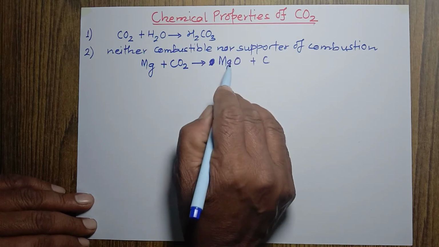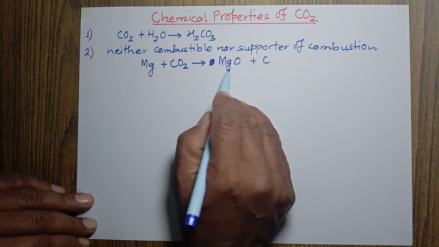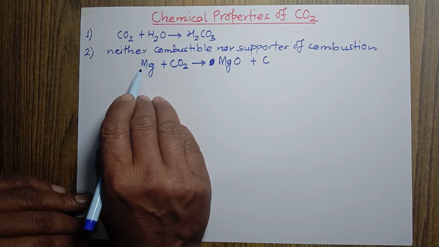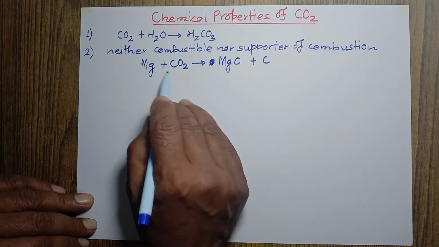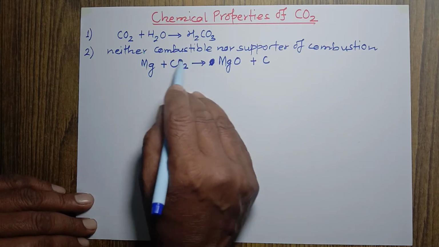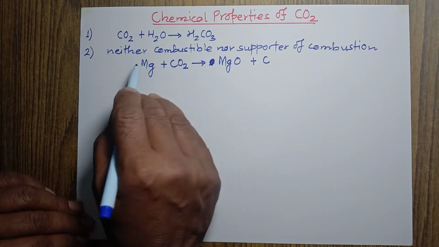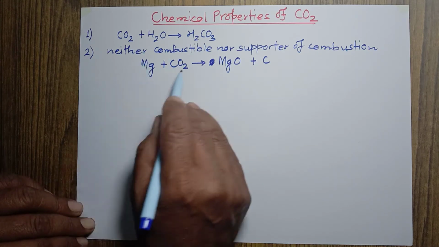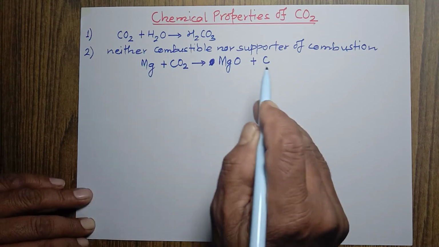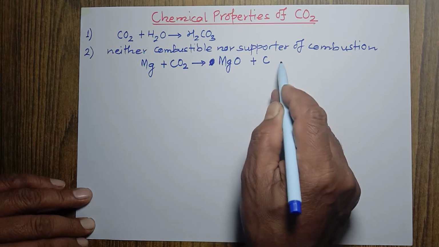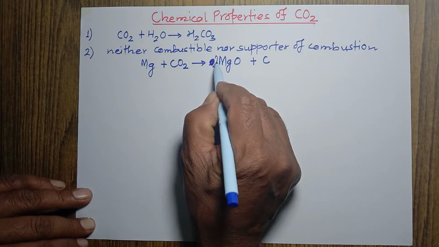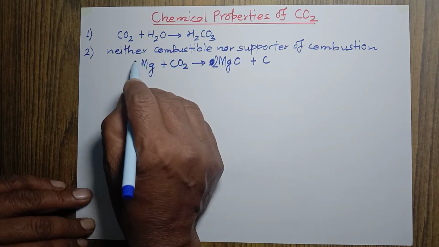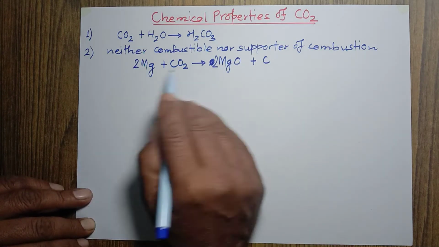This appears as a white powdery substance, and burning magnesium continues to burn in carbon dioxide. It supports the combustion of what? Magnesium, because magnesium reacts with carbon dioxide to form white magnesium oxide and black spots of carbon. It can be balanced this way: 2 Mg, 2 MgO.